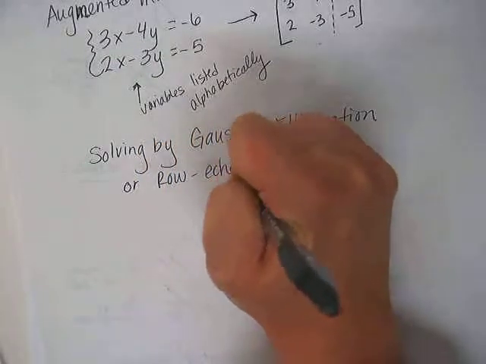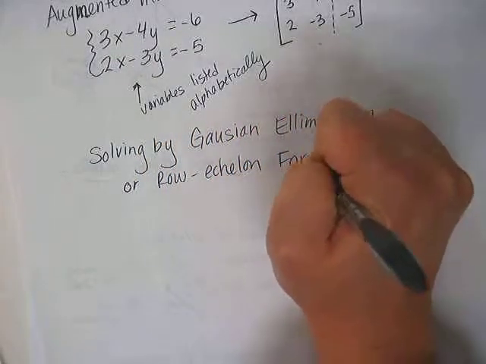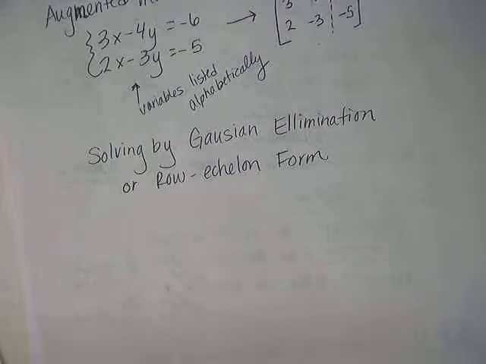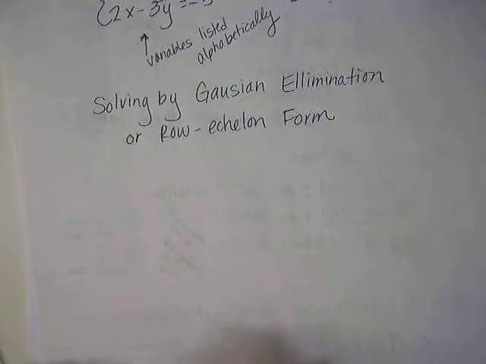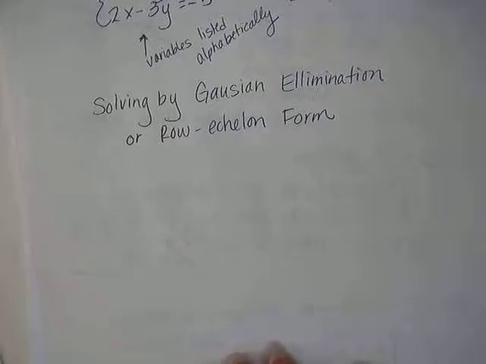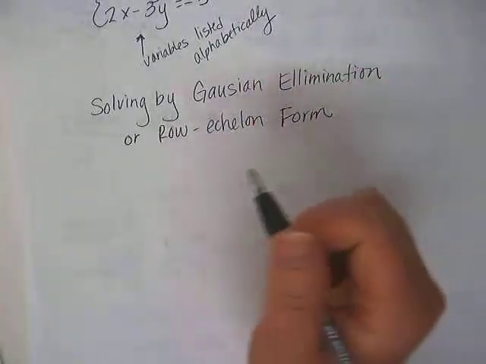Another thing that it's called is row echelon form. So, solving by Gaussian elimination or row echelon form.